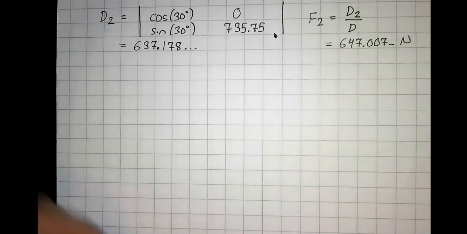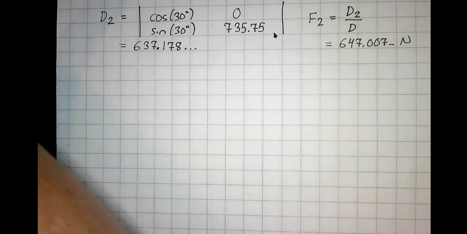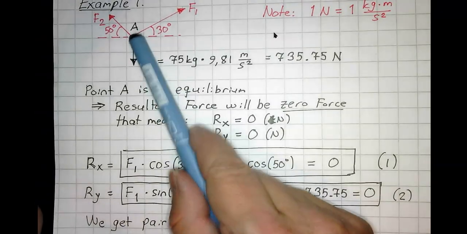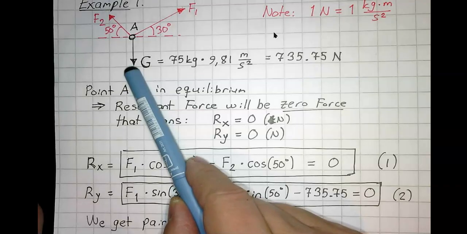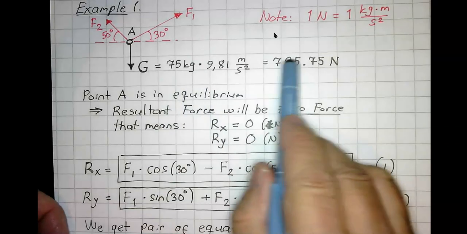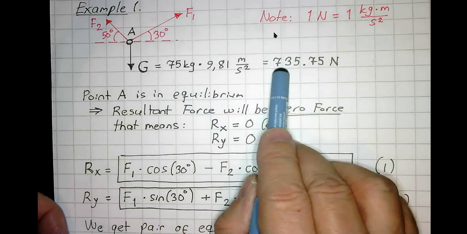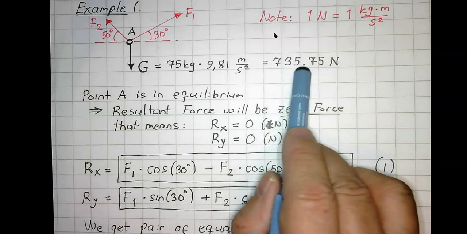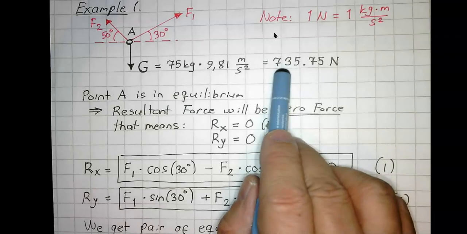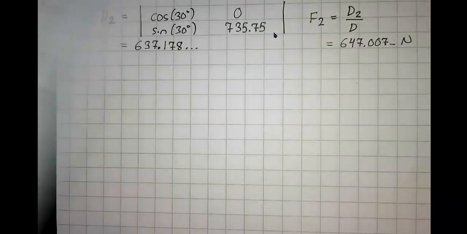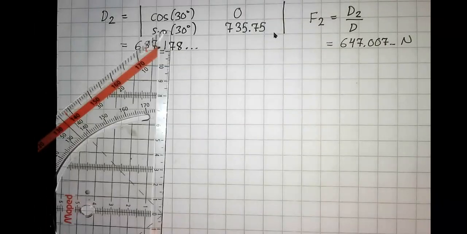So I will draw this picture so that this G here, which is orientated downwards or to the center of Earth, the value of that force is 735 newtons. I divide that by 100, so I will get 7.35, and that means centimeters right now.